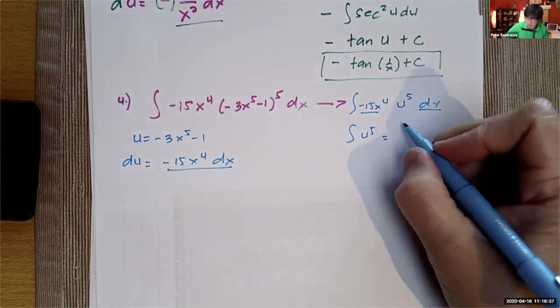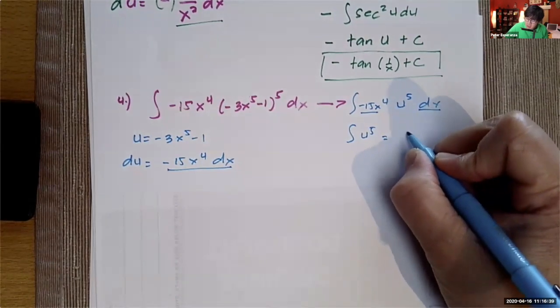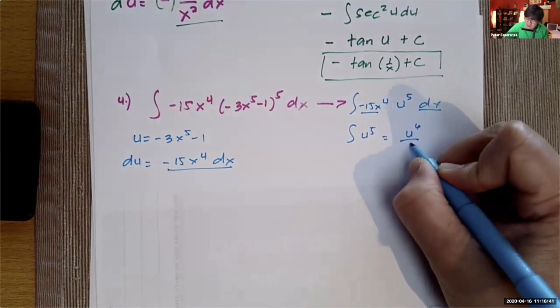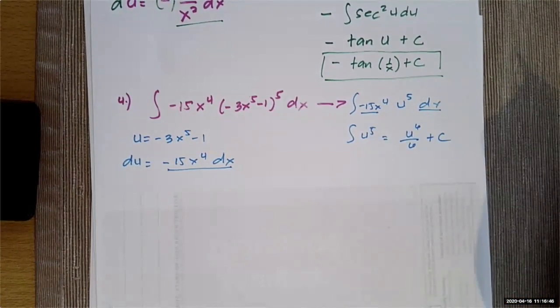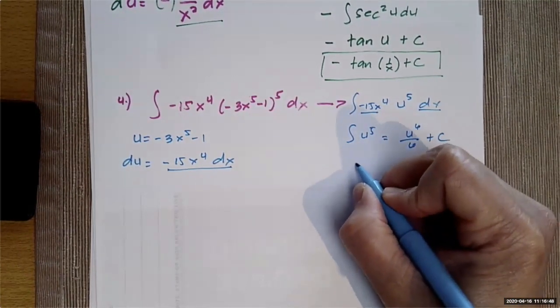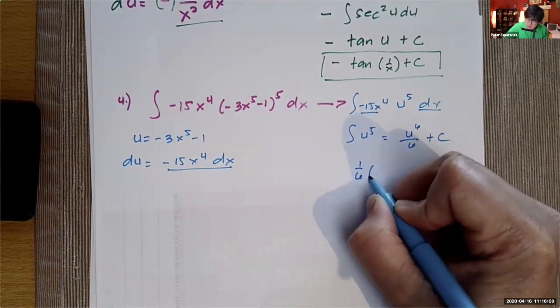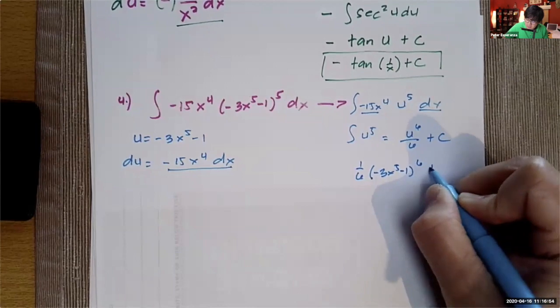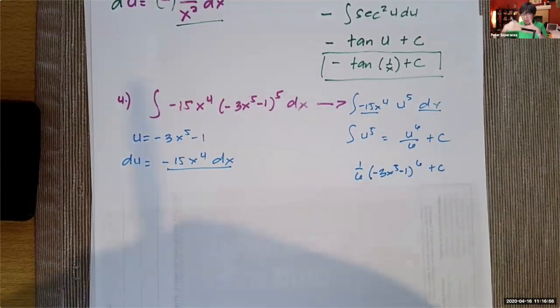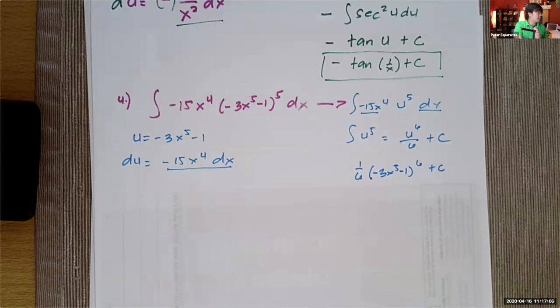So this is going to be u to the 6 over 6 plus c, right? To be consistent, it's 1 over 6 times negative 3x to the 5th minus 1 to the 6th plus c. You can write it as all over 6 or 1/6 outside. And again, in calculus, the more notations you are comfortable using, the better.